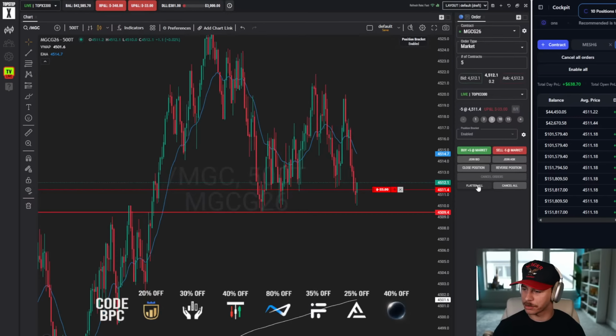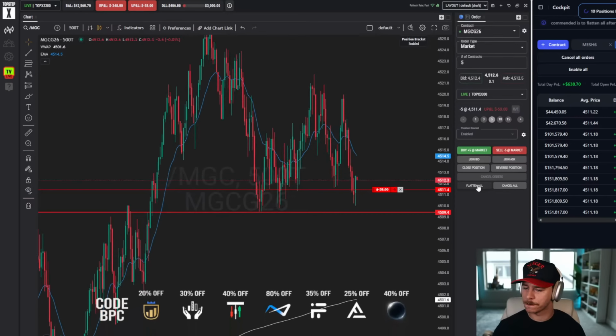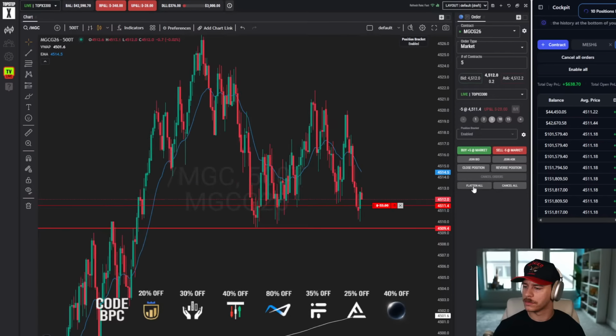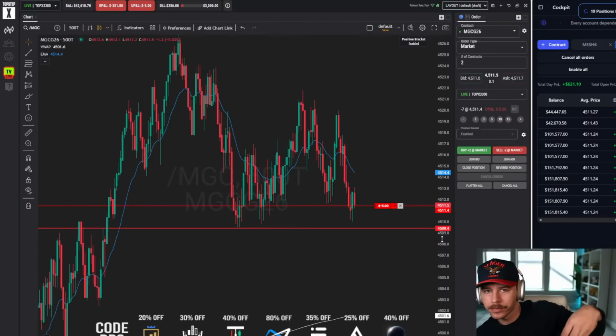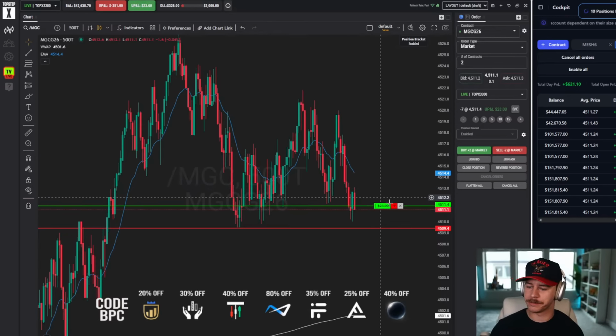We reclaim 513 and hold a bid up there, I'm out. I added some more. I'm in 7 now, in 7 off that pivot of 513. I like how we're retesting the low off that rejection.